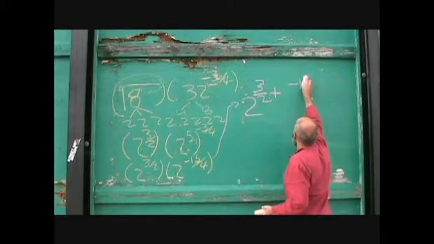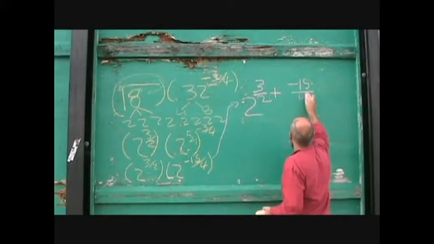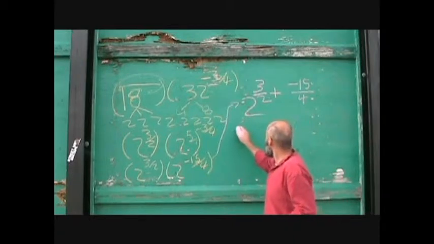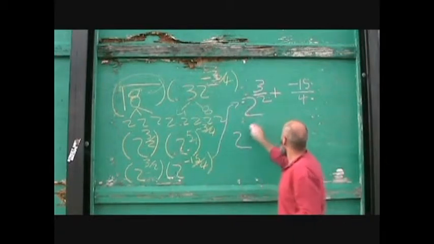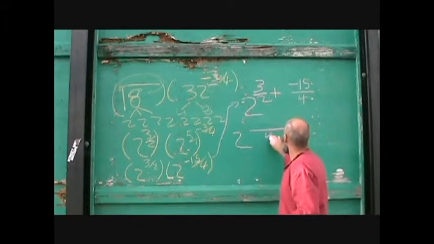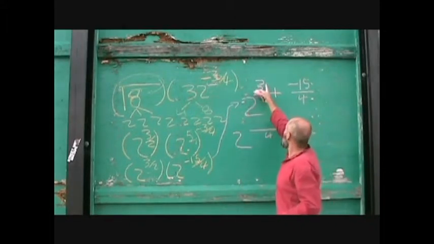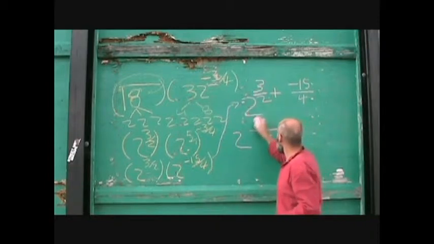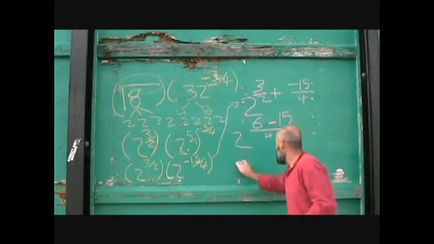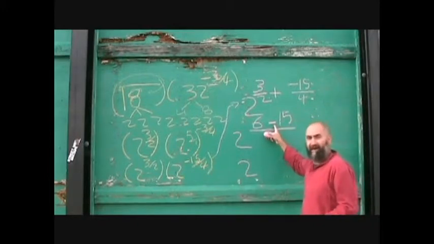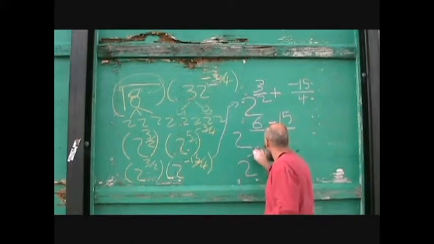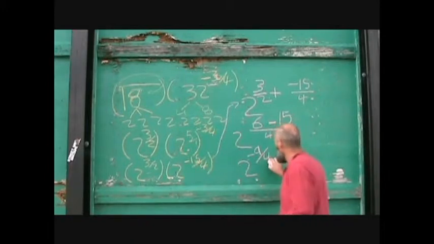Negative 15 over 4. And those are all in the exponent, okay? So this will be 2. The common denominator for 2 and 4 is 4. We multiply 2 by 2. We multiply the 3 by 2, so this becomes 6 minus 15. So the answer to this is 6 minus 15 is negative 9. So it's negative 9 over 4.